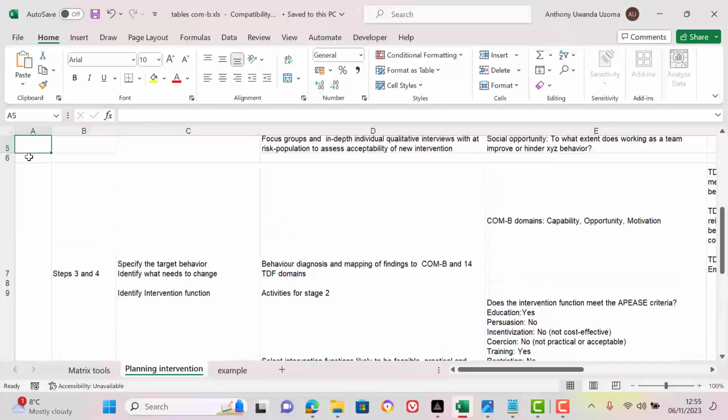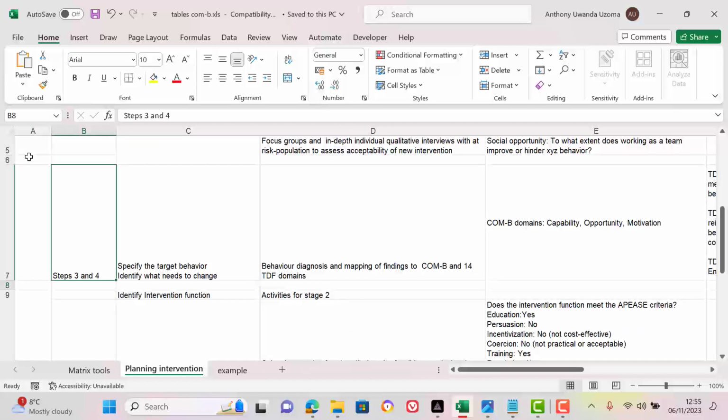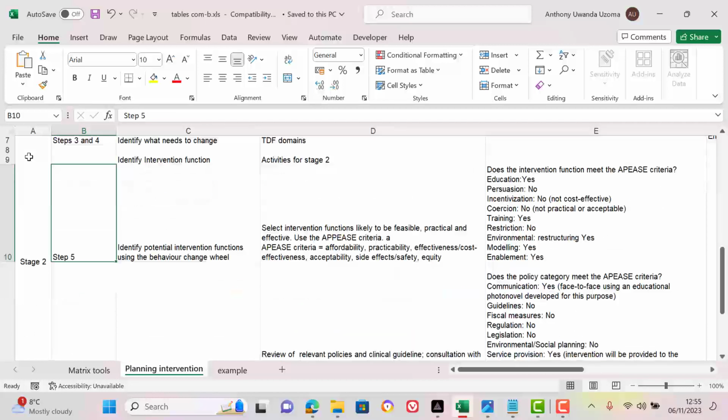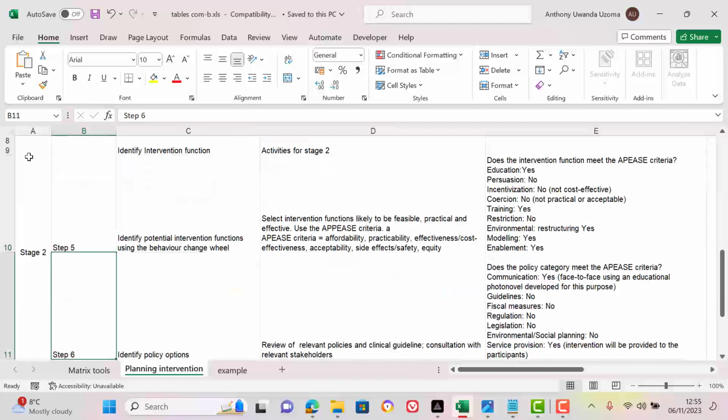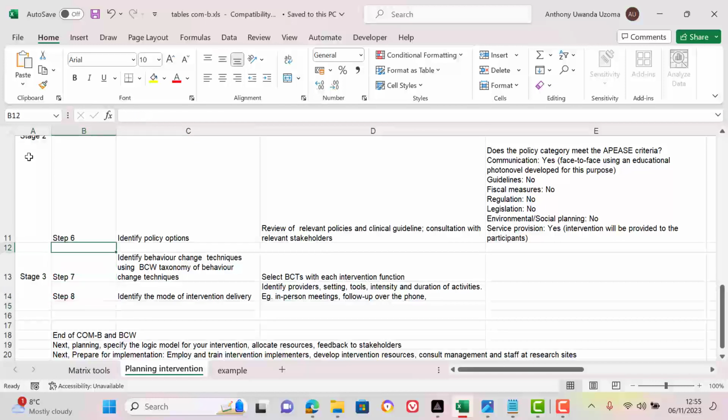Stage 1 has steps 1 and 2, and then 3 and 4. Then stage 2 has steps 5 and 6, and stage 3 has steps 7 and 8.